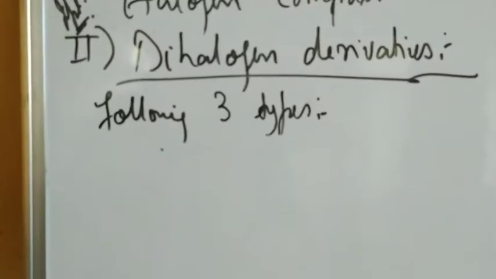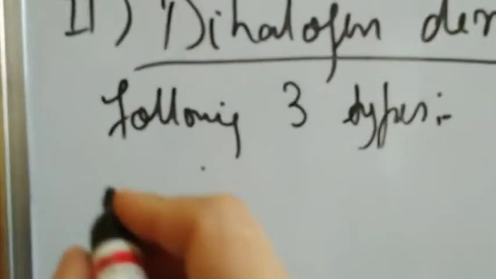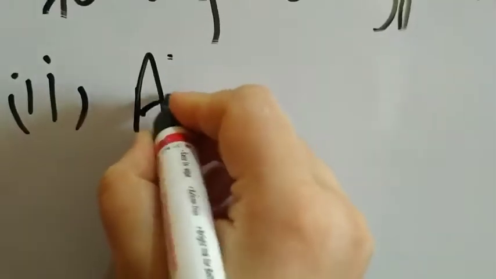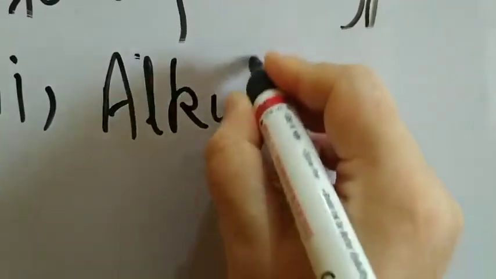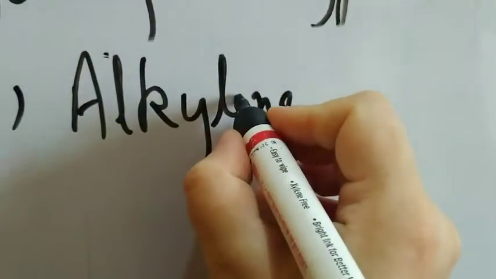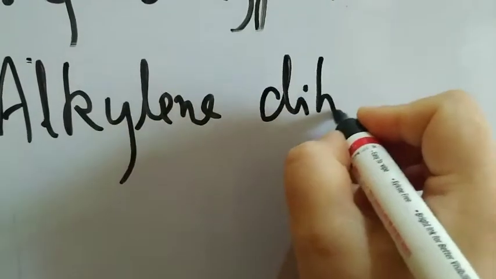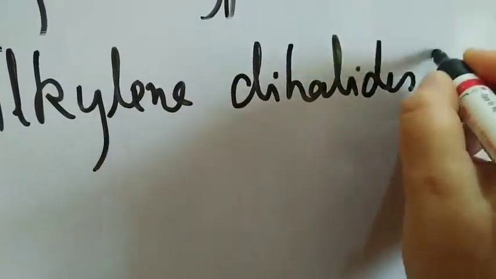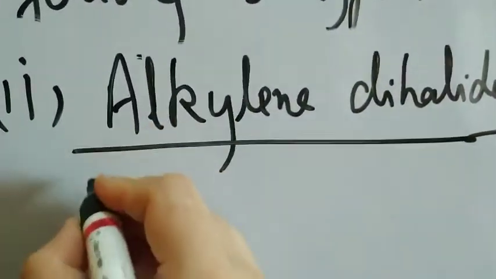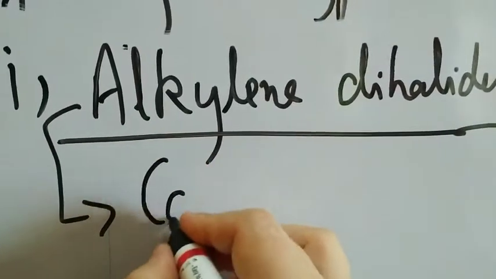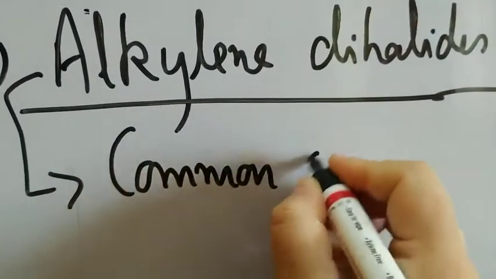So continuing with dihalogen derivatives, let's see what the second type is. The second type of these dihalogen derivatives is known as alkylene dihalides. Again, alkylene dihalides is the name in the common system.